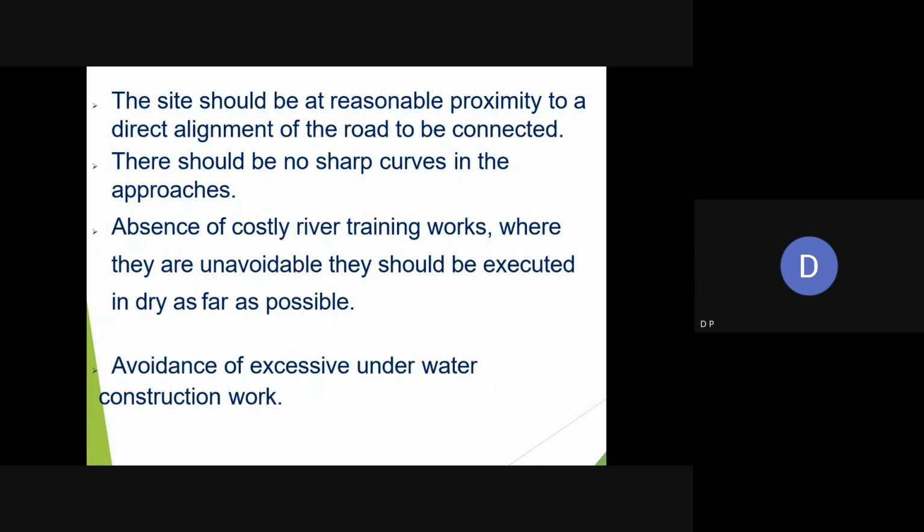There should be no sharp curves in the approaches. There should be absence of costly river training works; where they are unavoidable, they should be executed in the dry as far as possible. Avoid excessive underwater construction work. So all these aspects are considered to reduce the cost of construction.